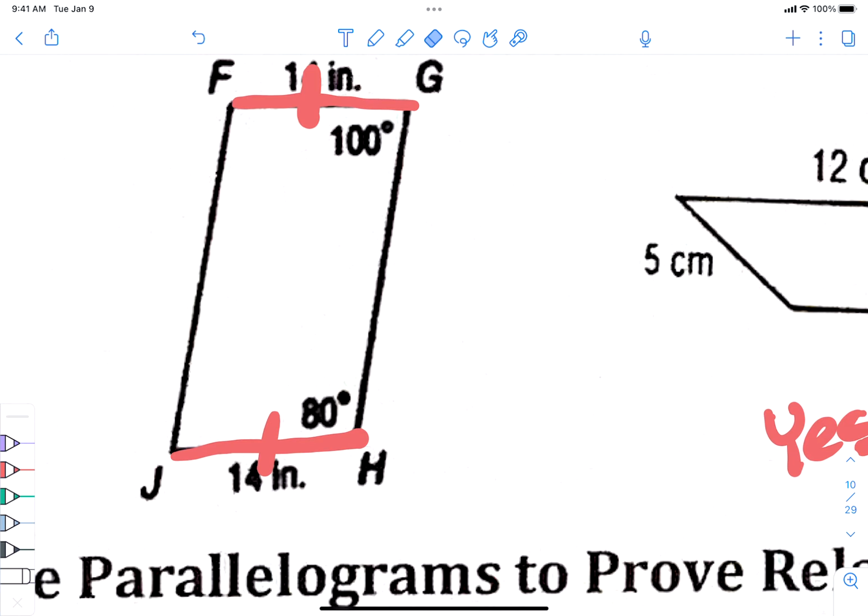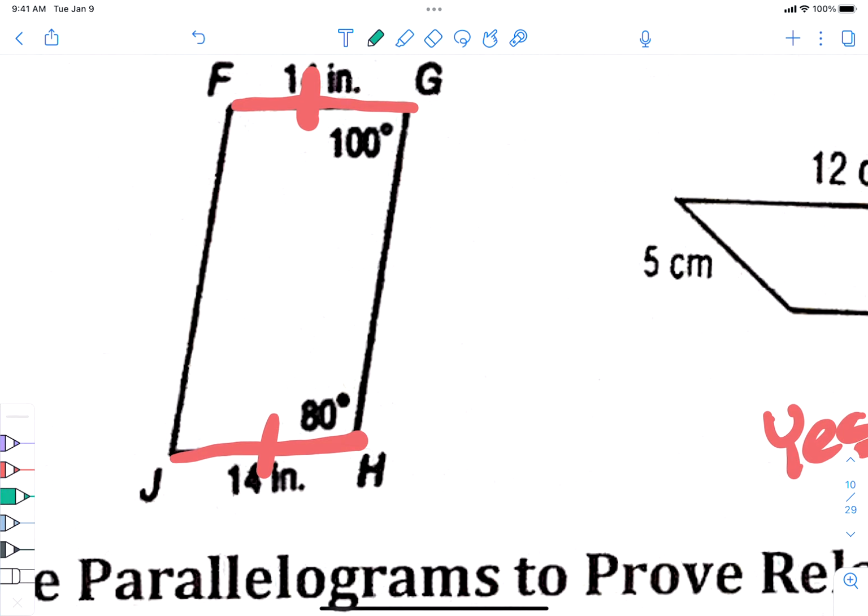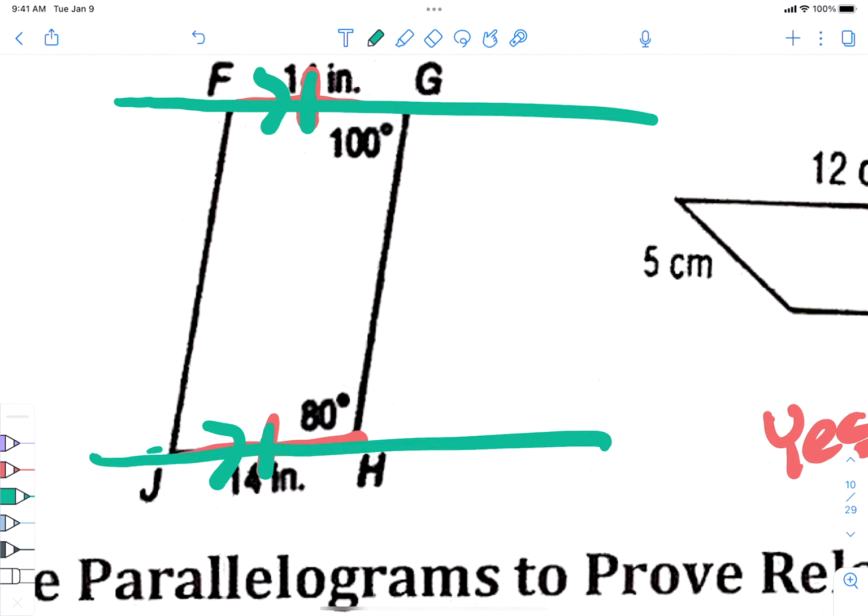It says that they have to be both parallel and congruent. So I know that they're congruent, but does this guy have to be parallel to that guy, given the information that I have there, right? Looking at the 100 and the 80, if this guy here and this guy here are lines that continue on, think of this as a transversal, right? If this guy is 100 and this guy is 80, then let's pretend that we are looking at this angle over here.